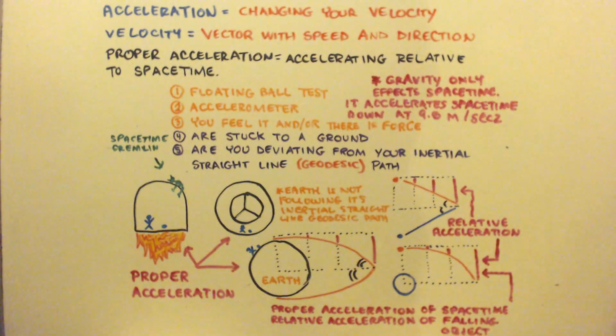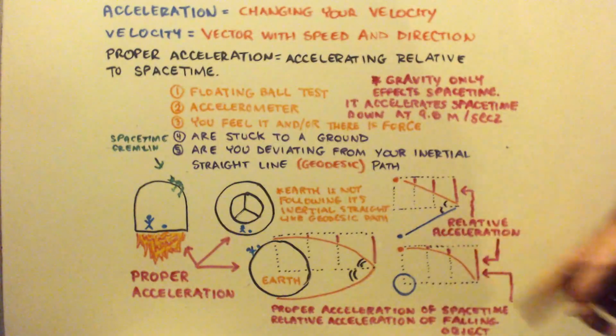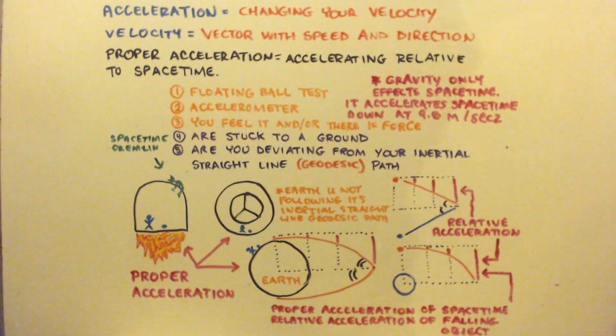It's just that in outer space, there's no gravity to accelerate the space-time down and make the path look curved. So the ball falling, that's a relative acceleration of the falling ball. The space-time, now that's a proper acceleration. The space-time is being proper accelerated down to the Earth.